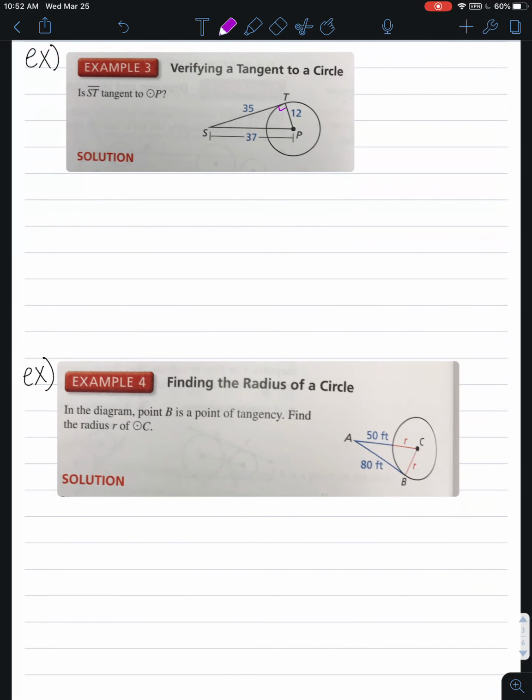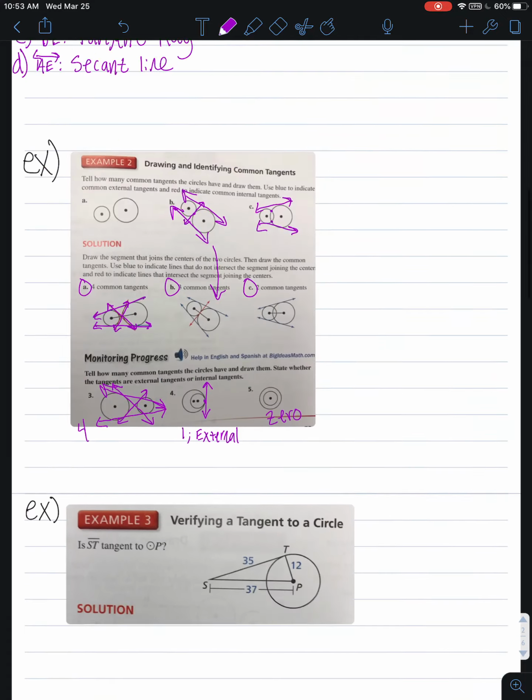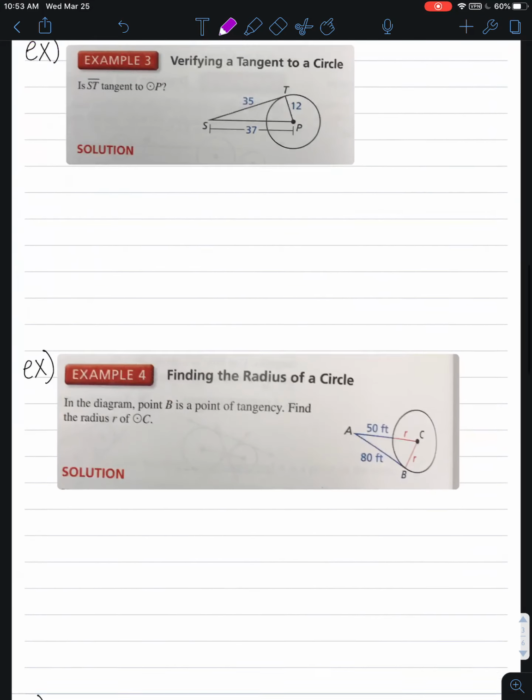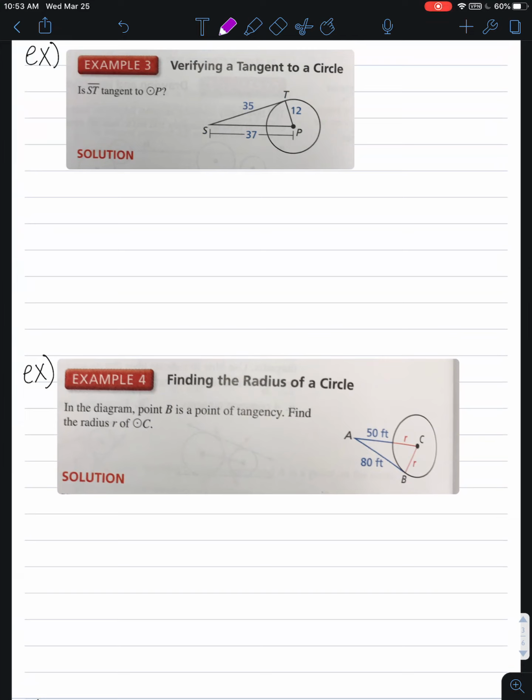Okay, moving down here, we're going to begin to apply some of those theorems that we talked about earlier. It's asking us, is segment ST tangent to circle P? Again, using this theorem up here that we talked about, 10.1, the only way that ST can be tangent to circle P is if the point right here, T, so this segment TP, creates a right angle.